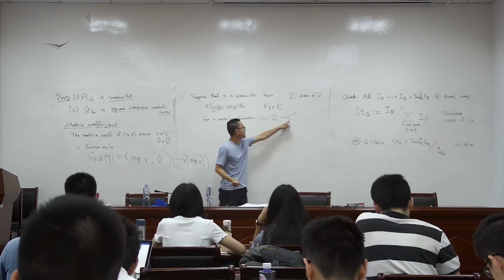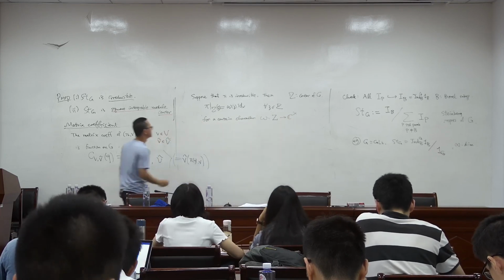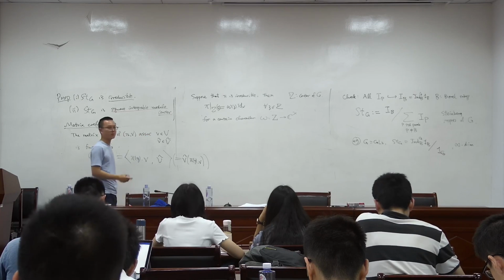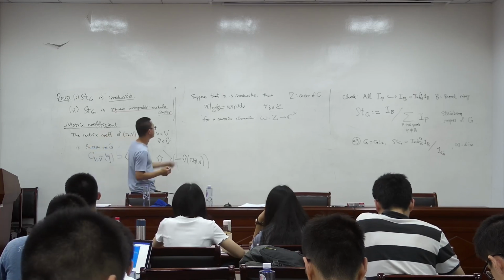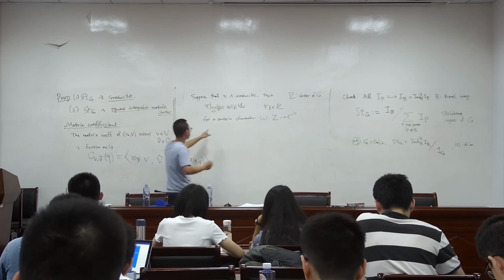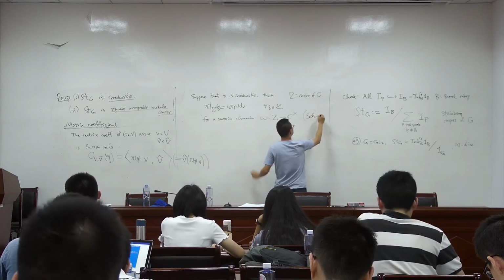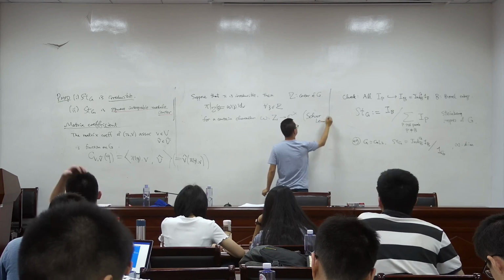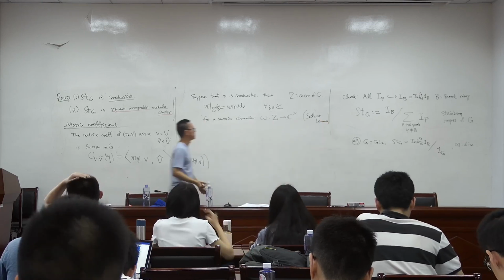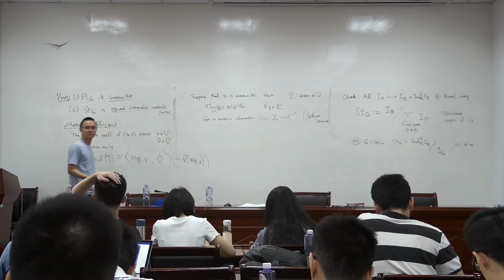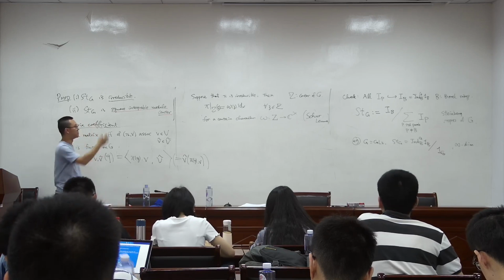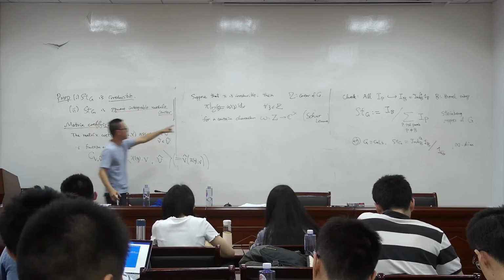That means it is one-dimensional. If you have learned some representation theory, this is just Schur's lemma. This is the p-adic version of Schur's lemma: any irreducible representation has a central character.